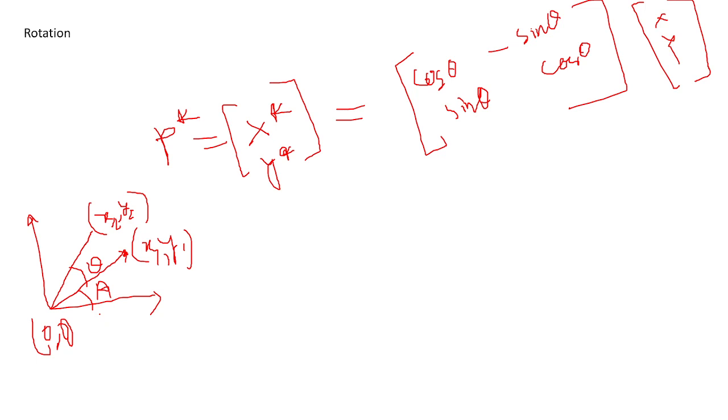rotate line AB whose endpoints are A 2, 5 and B 6, 2 about the origin through 30 degrees in the clockwise direction, then you just rotate the points.